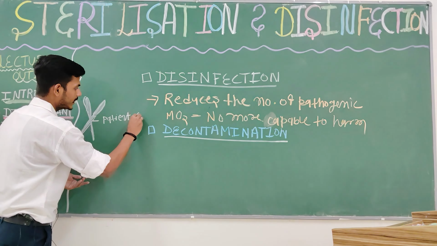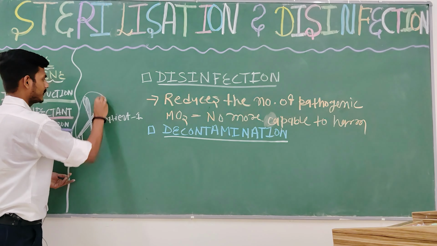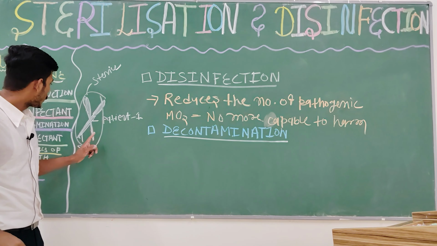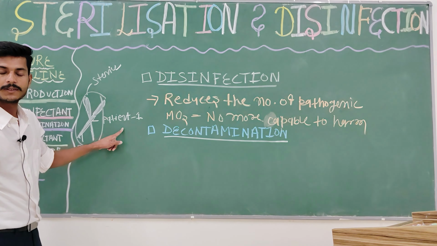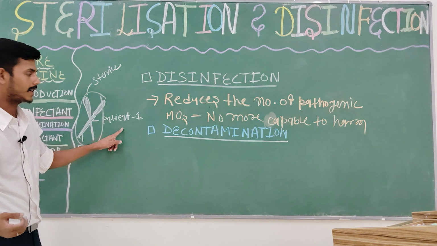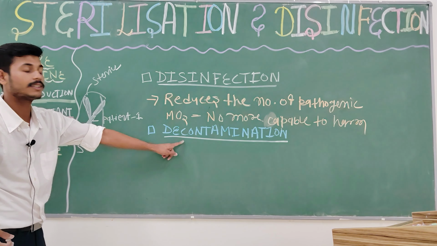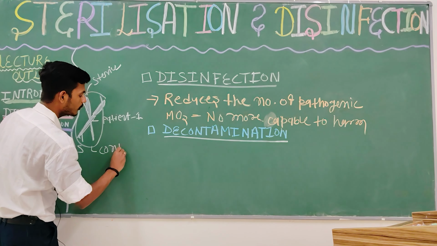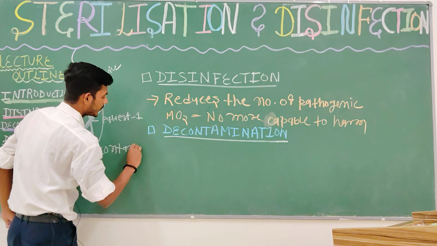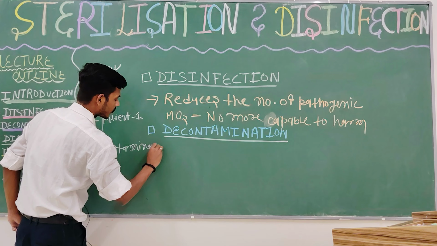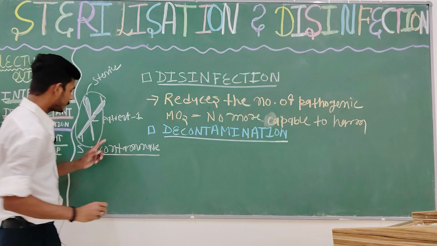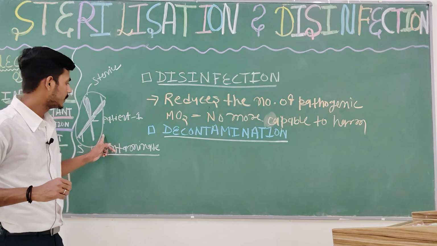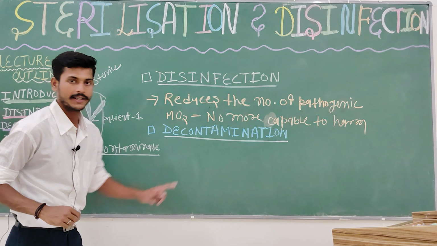So before using, it is kept sterile. Once it is used for patient 1, it becomes non-sterile. It becomes contaminated. So for using the same scissor on the next patient, we have to decontaminate it.